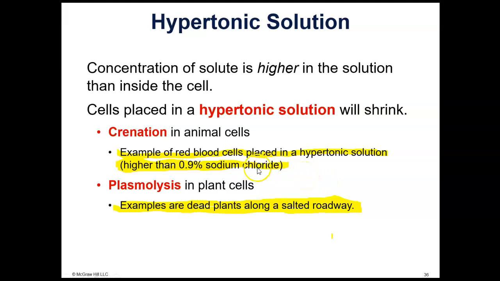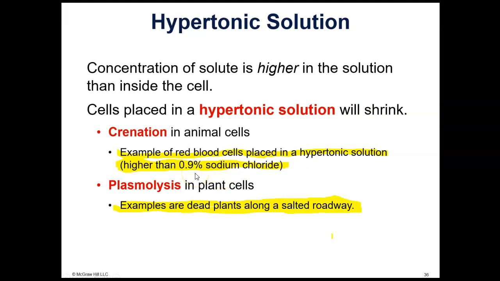If you have an IV and you're getting fluid because maybe you're dehydrated, you're in the hospital, or they're using an IV to get some kind of medication into you, such as an antibiotic, that IV solution is going to be 0.9% sodium chloride, or 0.9% saline.